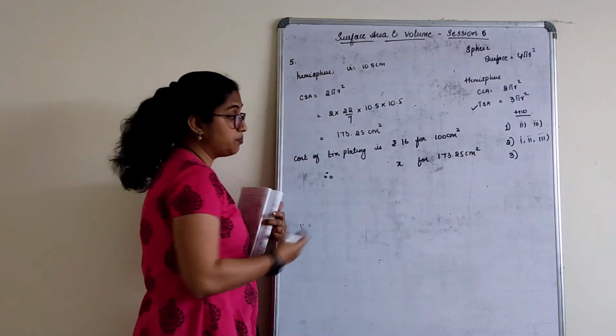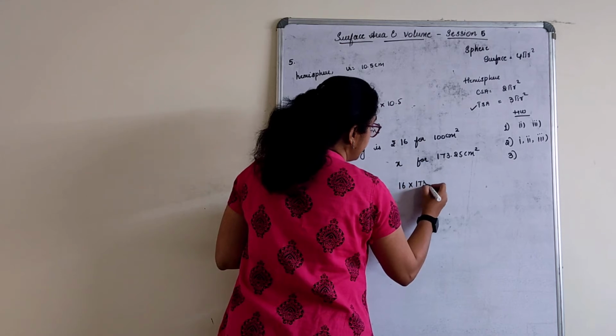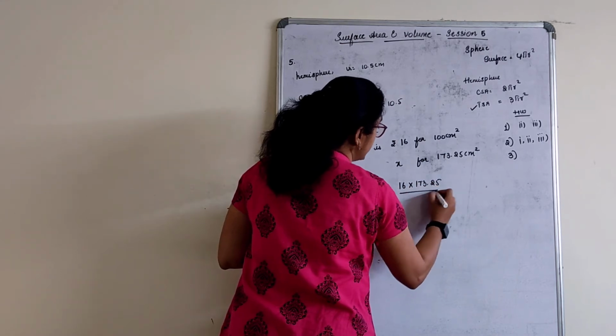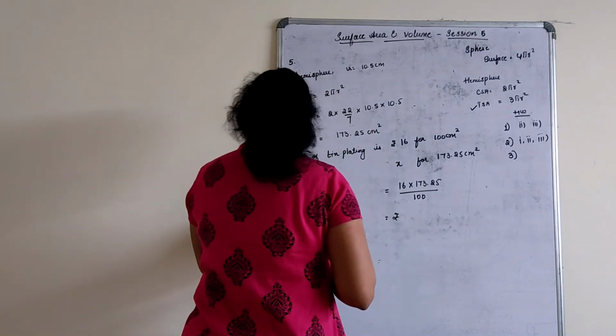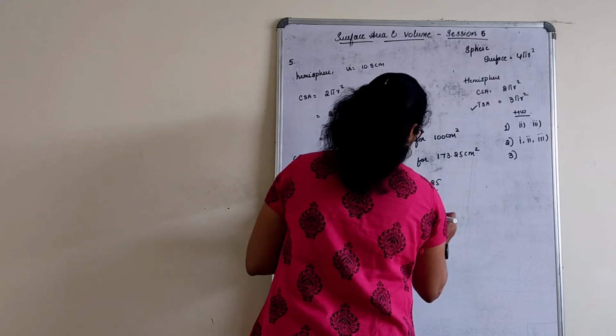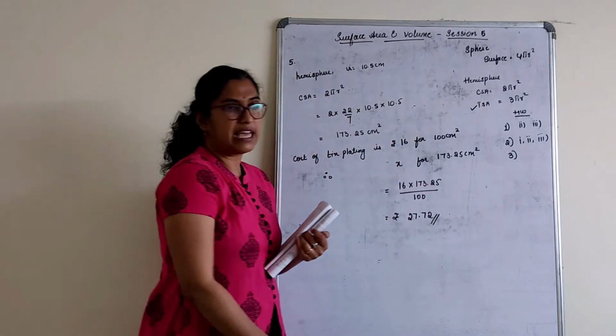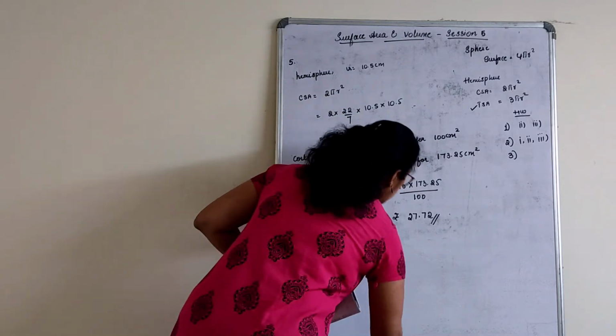What cost do we have to pay for this? Just cross multiply: 16 into 173.25 divided by 100. So you have to pay rupees 27.7. All the calculations, multiplication and division, come here. Next one.